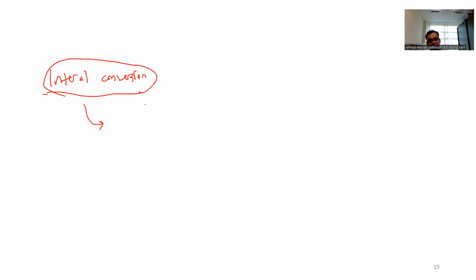This one emits an electron, which is called internal conversion. Before I explain internal conversion, it is better to first think about the gamma decay.